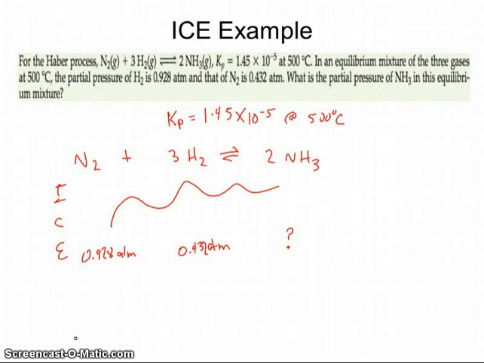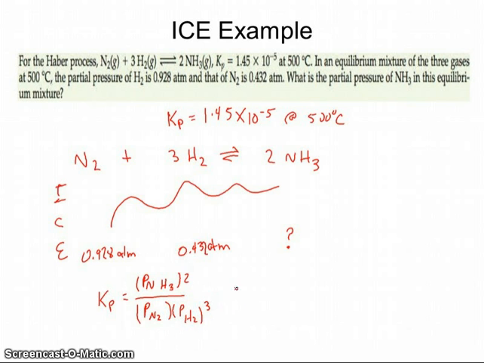My bad. But we do have an equilibrium expression and values that I can put into it. So I should know that Kp is going to equal the pressure of NH3 squared, divided by the pressure of N2 times the pressure of H2 cubed.